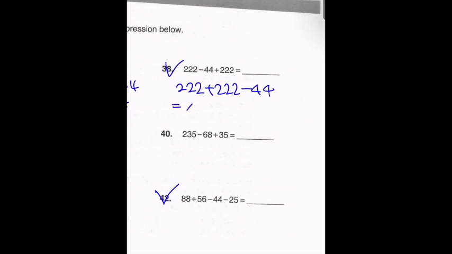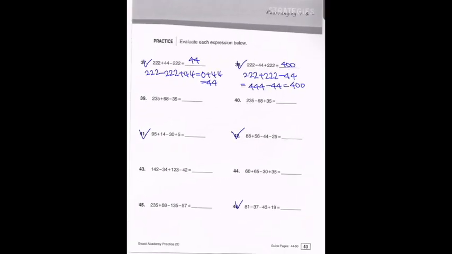And that's going to give us 444 minus 44, which is equal to 400. Now I'll give you guys about 3 minutes to solve both 39 and 40. So we'll check the solutions after about 3 minutes.